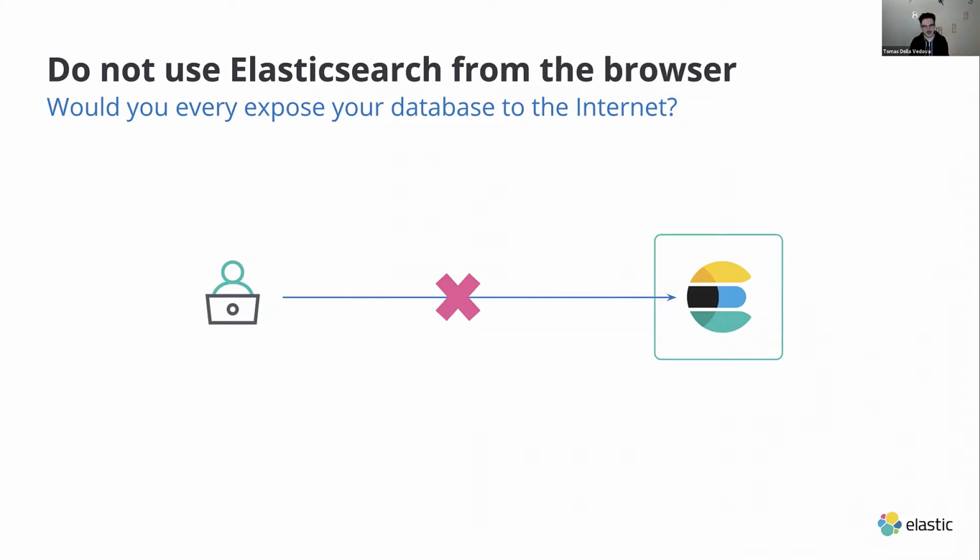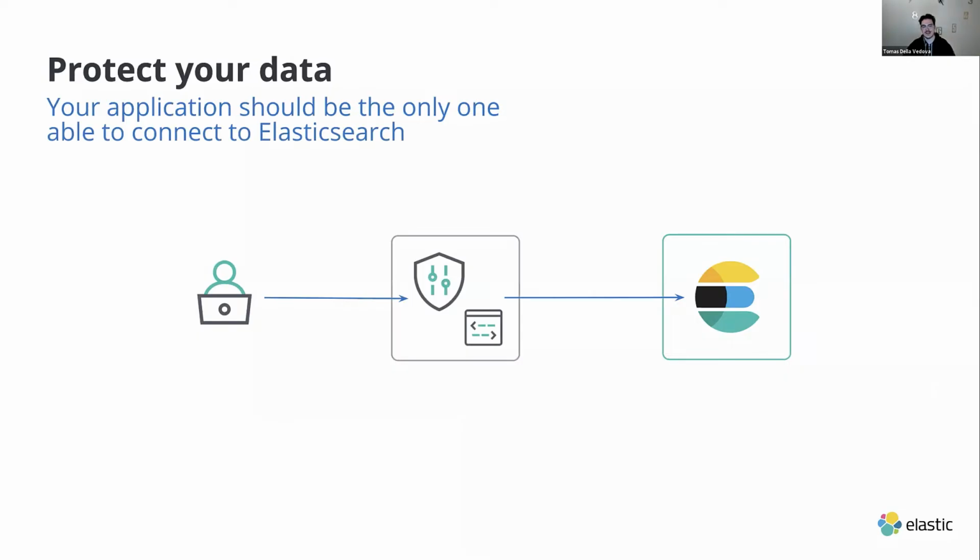Because will you ever expose your database, your MongoDB instance, your Postgres, Redis, and so on to the internet? It's better not. So you should always have an application in the middle between your users and Elasticsearch. It might be a complex application, a simple Node.js proxy, anything is fine, really.